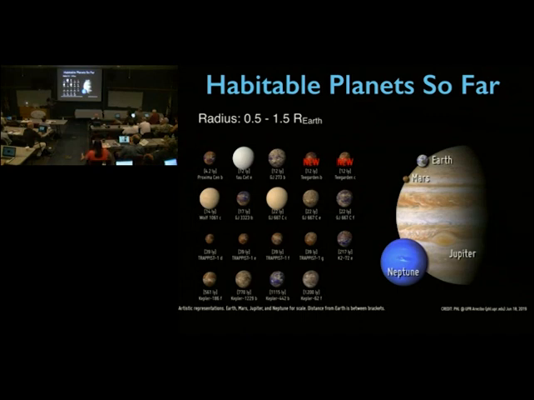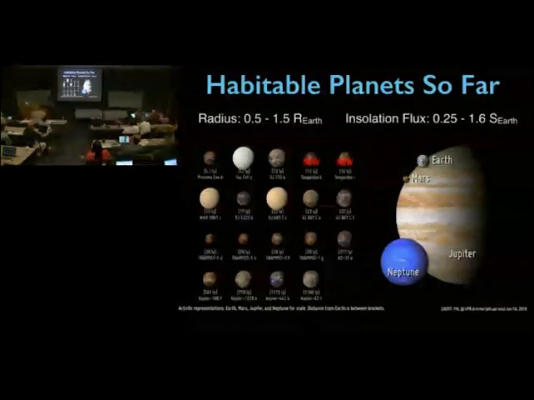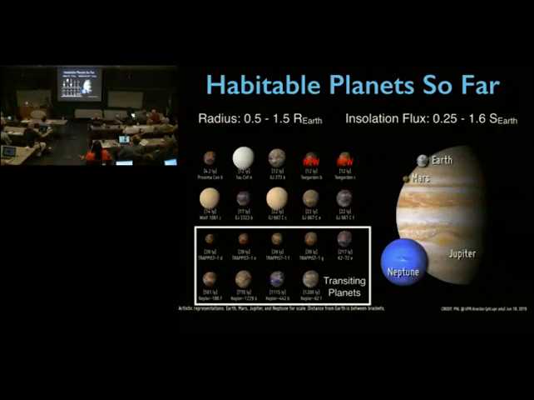This couple dozen planets were identified with the following criteria. First of all, their radii are between 0.5 to 1.5 times the radius of Earth, and the stellar flux that is incident on the planet, the insolation flux, is between 1/4 and 1.6 times the insolation flux on Earth from the sun.